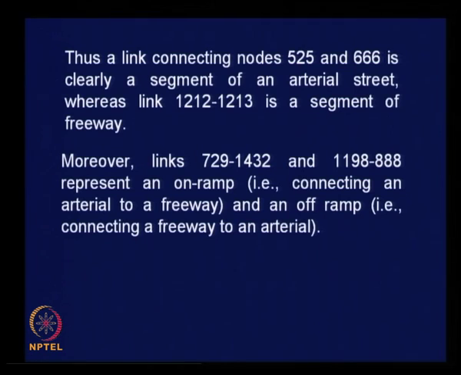Another interesting aspect is this: links 729 1432 and 1198 888 represent an on ramp. On ramps are the ramps which take the traffic from the ground level to a higher level in the case of grade separated intersections.